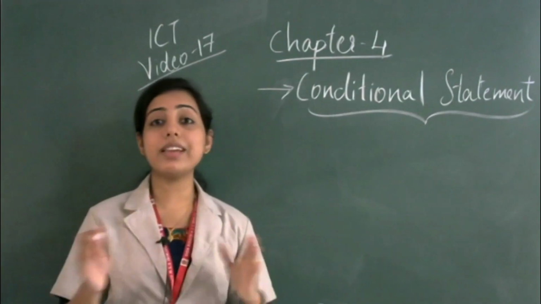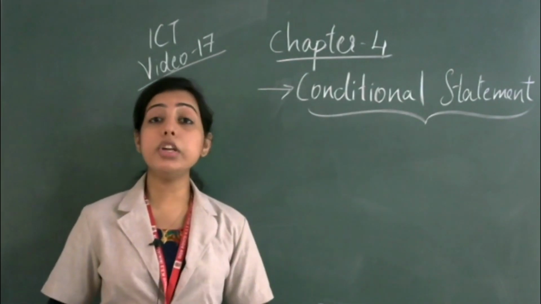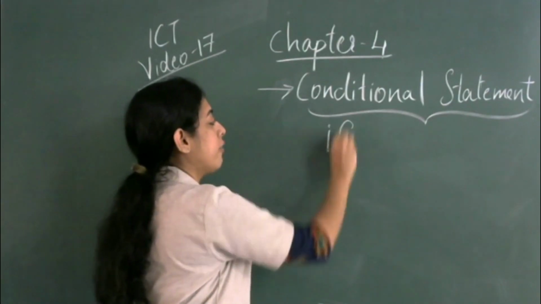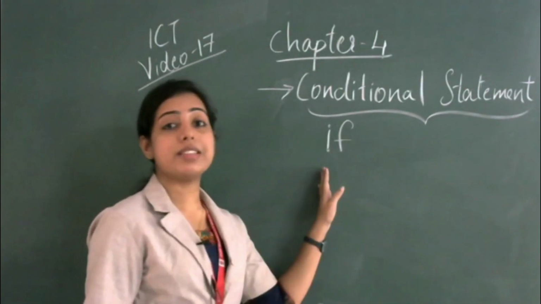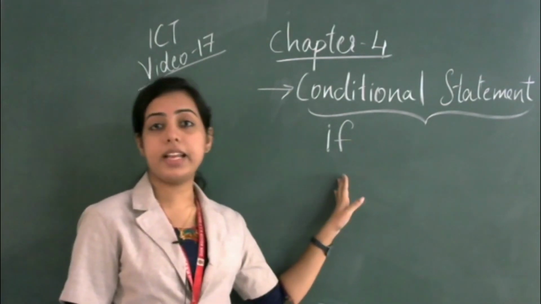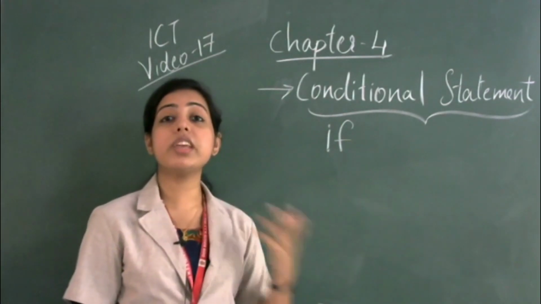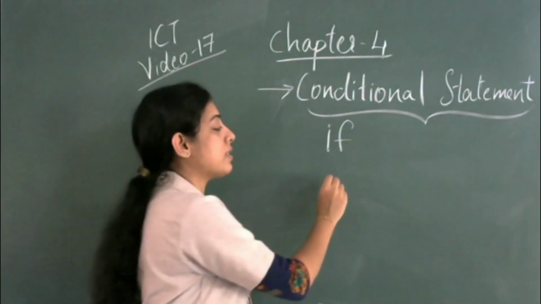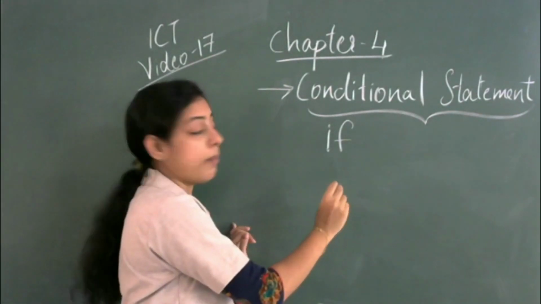For such checking of conditions, we use a new function called the if statement. If is a conditional statement. For what is if used? To check whether a condition is correct. For example, I will show the syntax of how to write the program.